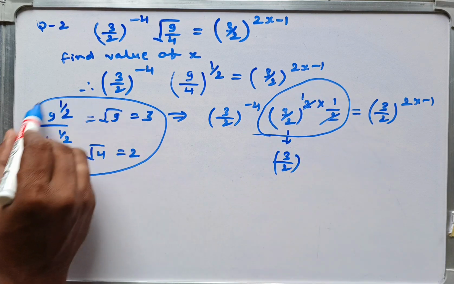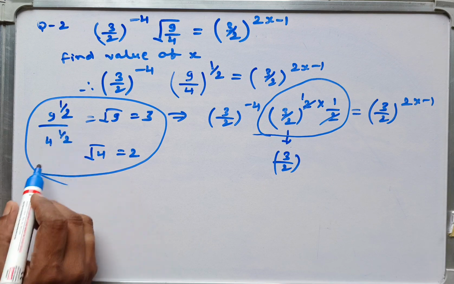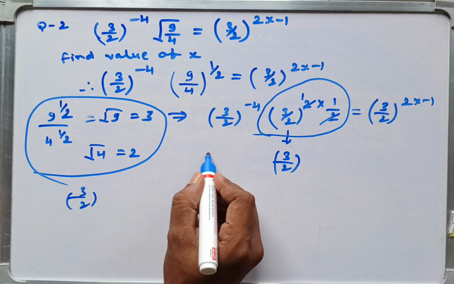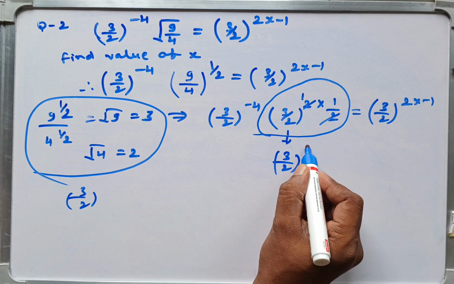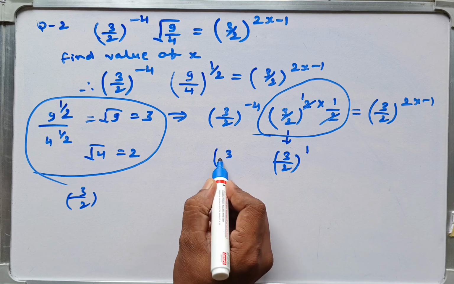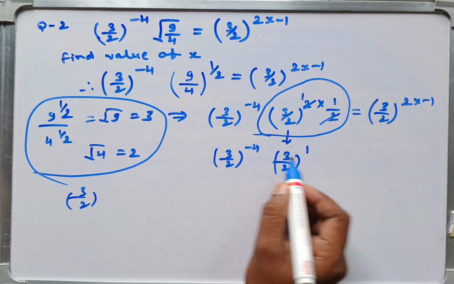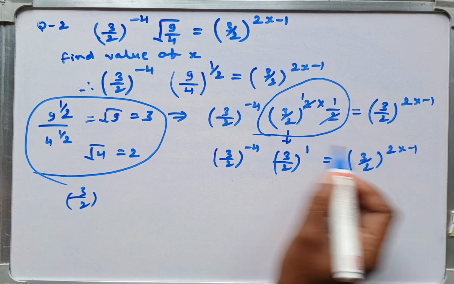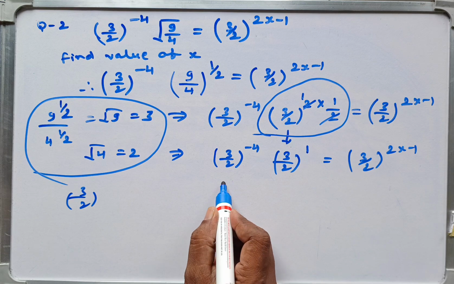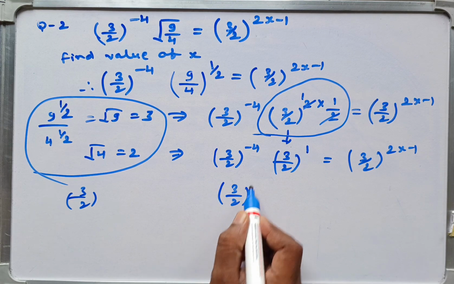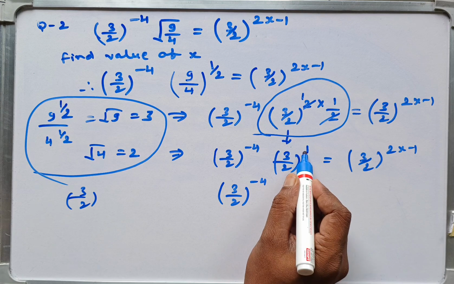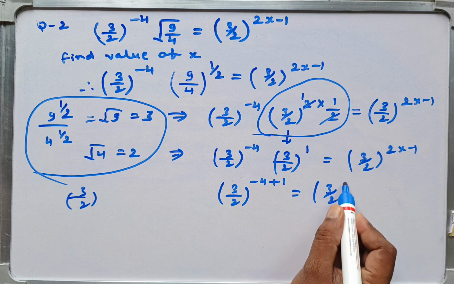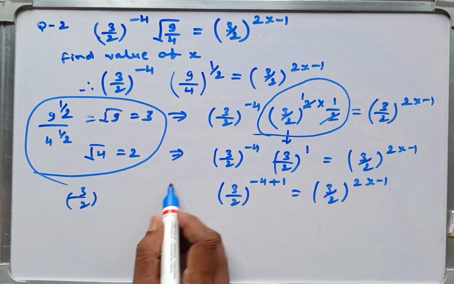You can also do it like this: finally it is also coming 3 by 2, so its power is 1. And this is (3 by 2) to the power of minus 4, equal to (3 by 2) to the power of 2x minus 1. So next we write (3 by 2) to the power of minus 4, and then this one is 1. So we can add: (3 by 2) to the power of minus 3, equal to (3 by 2) to the power of 2x minus 1.